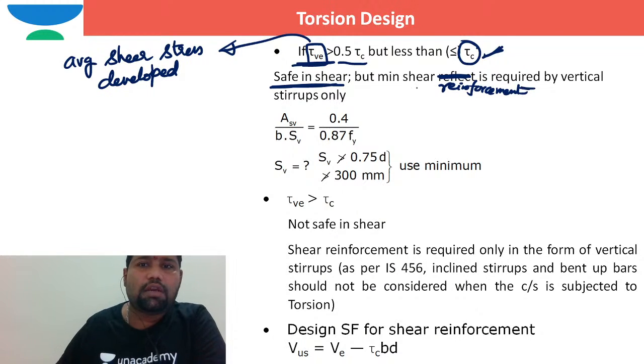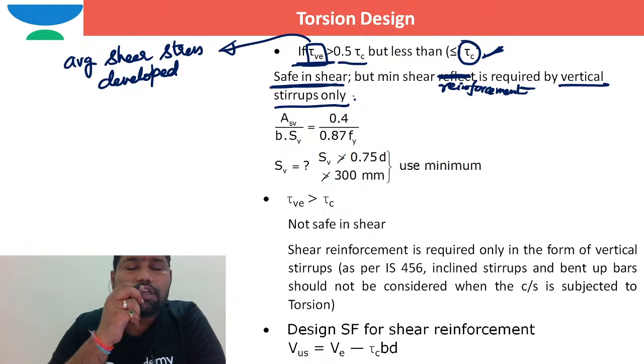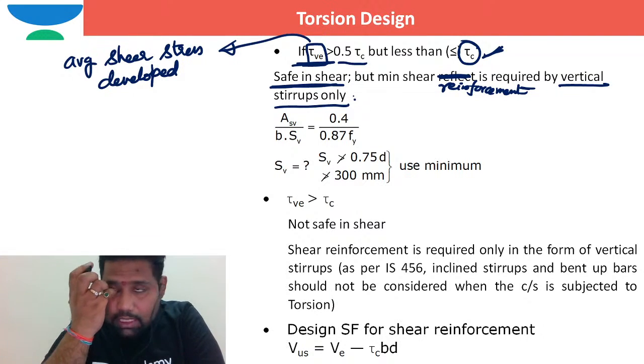The minimum shear reinforcement is required in the form of vertical stirrups. By vertical stirrups only, I need to provide that minimum shear reinforcement. Now, everybody will ask, sir, how to design for this minimum shear reinforcement?